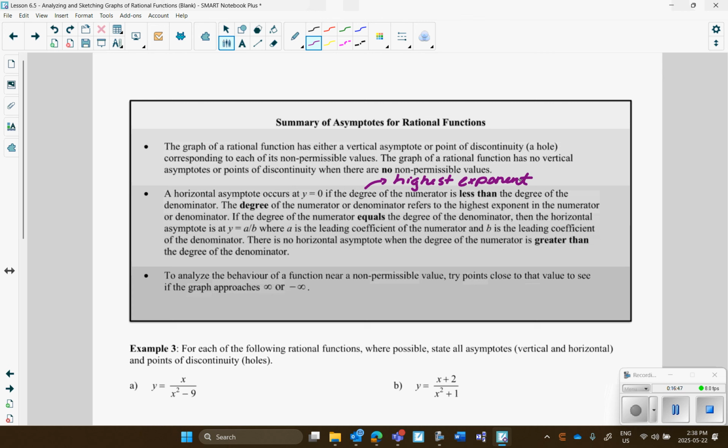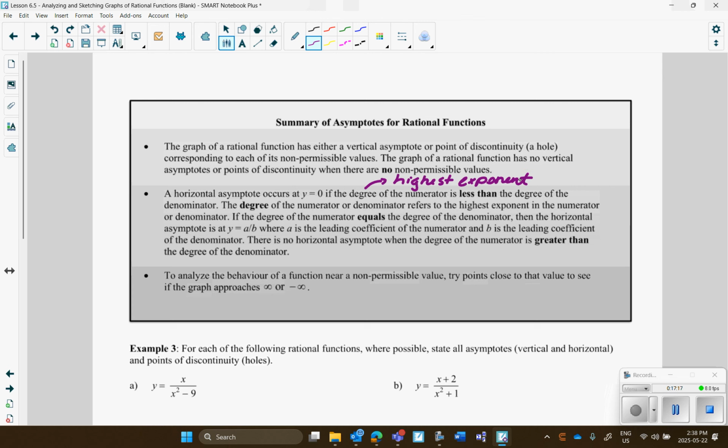So if I gave you an expression x to the third plus x plus 3, what's the degree of that one? 3. If I said x squared minus 2x plus 4, what's the degree? 2. If I said 2x plus 5, 1, right? Because if there's no exponent, we always assume it's 1.